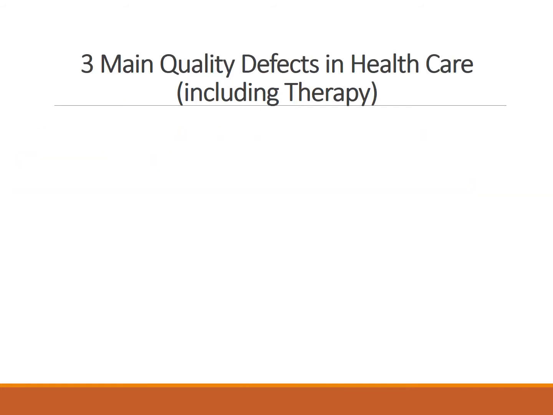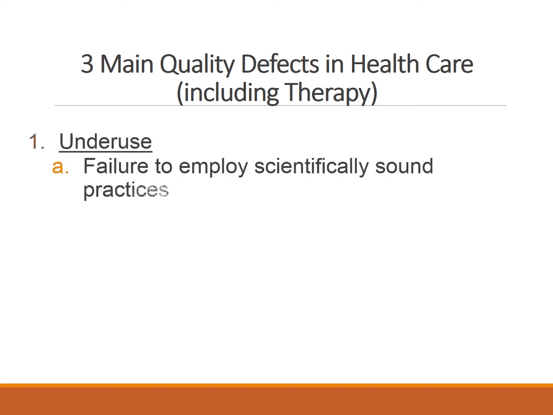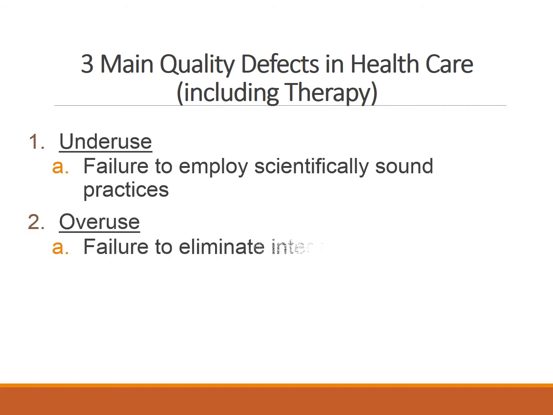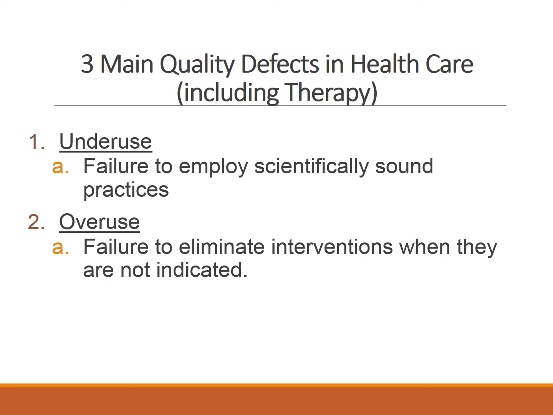So, 3 main quality defects in healthcare, including therapy, are underuse. So, we may not treat the patient as much as they really require based on current scientific practices. Overuse, we see the patient too many times and aren't getting any progress from the services.